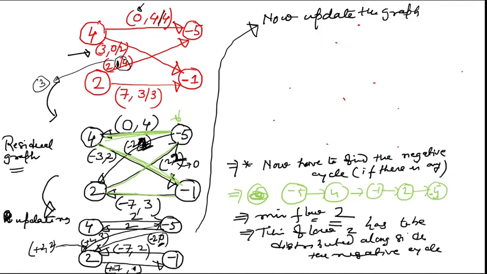And when we are looking at the residual graph, third graph, when we are changing the direction, it will be plus 2 comma 2 and which is 2.